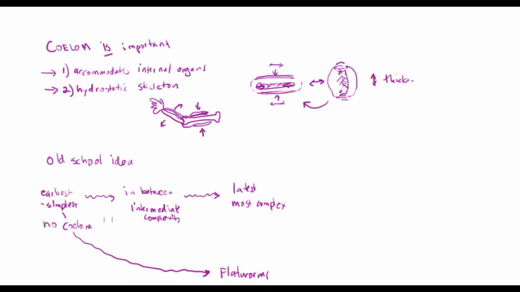It never had a coelom. Basically, it represents a position at the very bottom of the bilaterian tree. A little bit later on, we've got partial coeloms, and we have animals today like nematodes that have partial coeloms. We call them pseudocoelomates. They kind of represent an intermediate position in this old school tree.